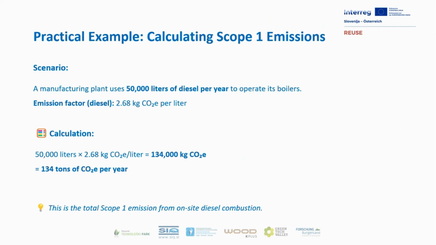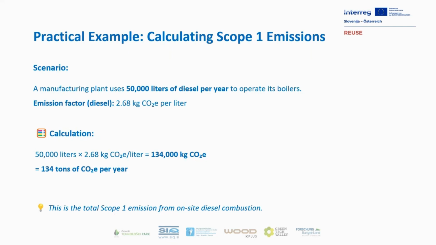Now let's look at a quick example to see how we calculate direct emissions under Scope 1. So imagine a manufacturing plant that uses 50,000 liters of diesel per year to operate its boilers. We know that the emission factor for diesel is 2.68 kilograms of CO2 equivalent per liter. So we apply the basic formula: emissions equal activity data multiplied by the emission factor.